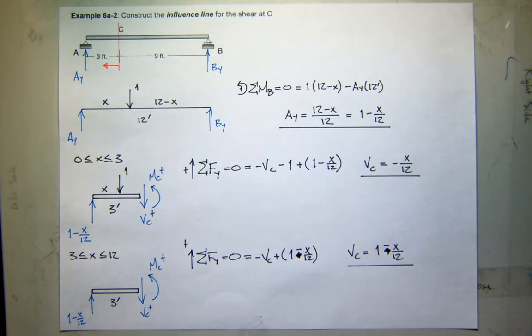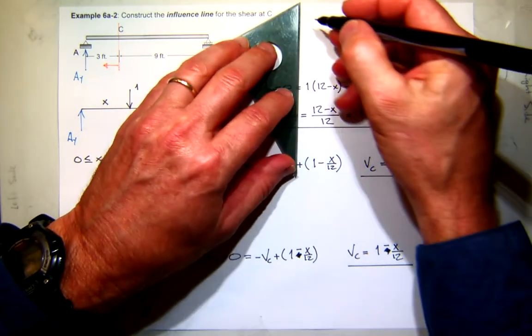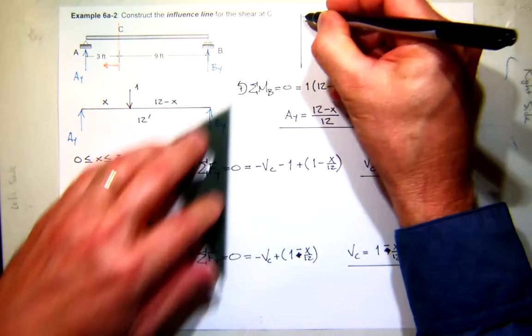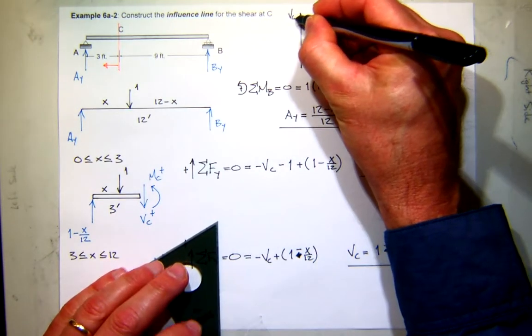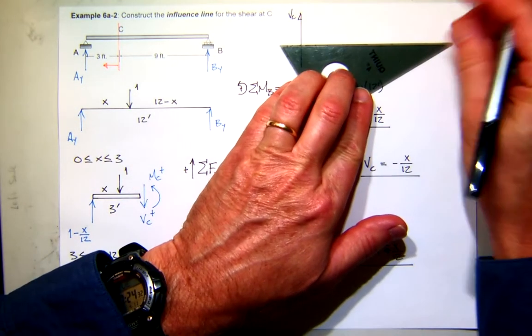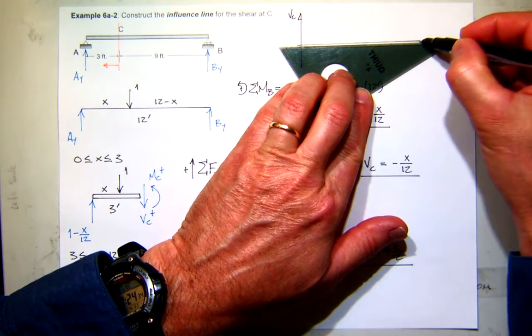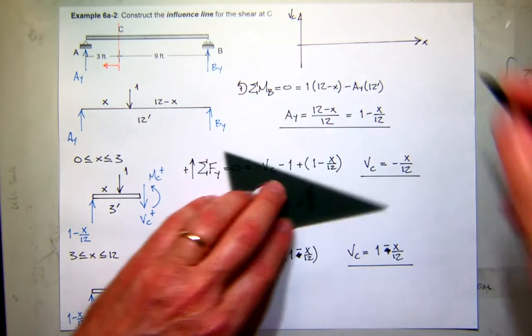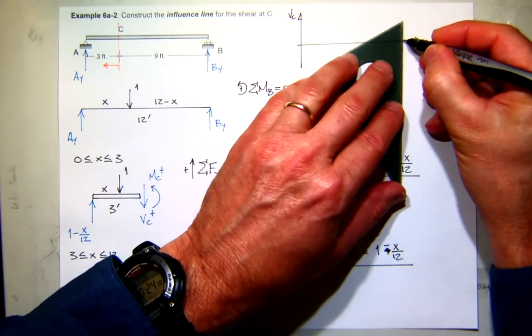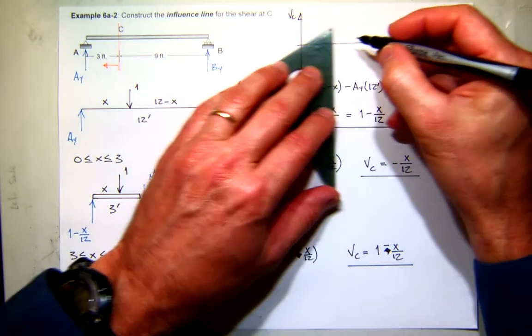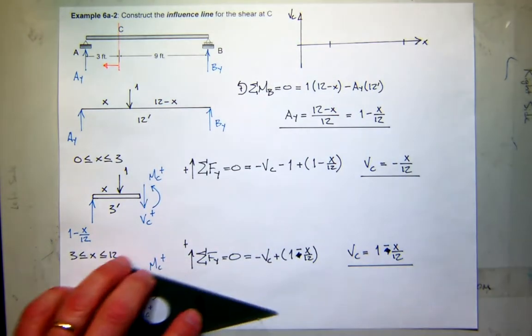So let's plot that and see what we got. I didn't leave myself much room, I'll stick it up here. So here's the shear at C as a function of x, and there's the length of the beam, and there's 3.